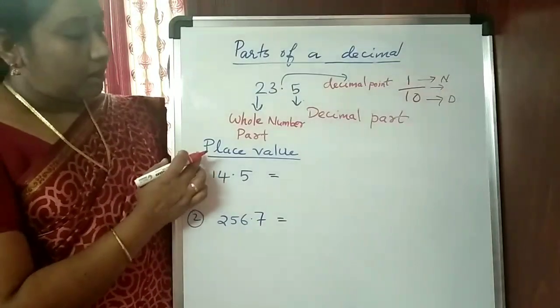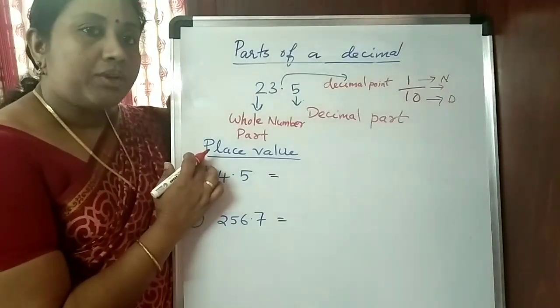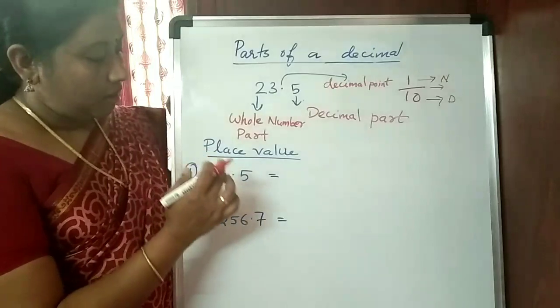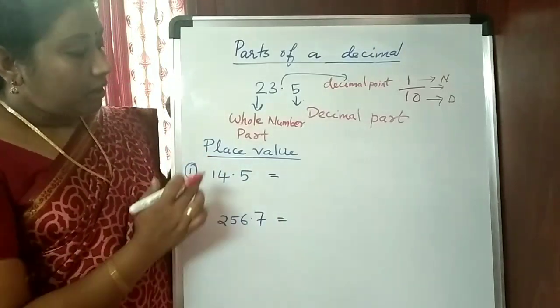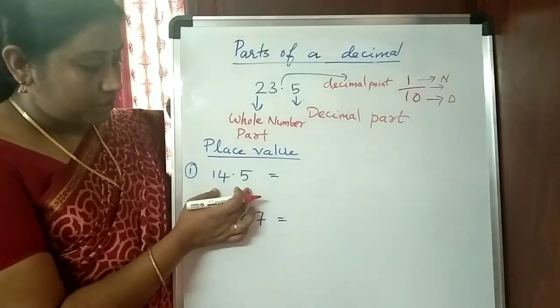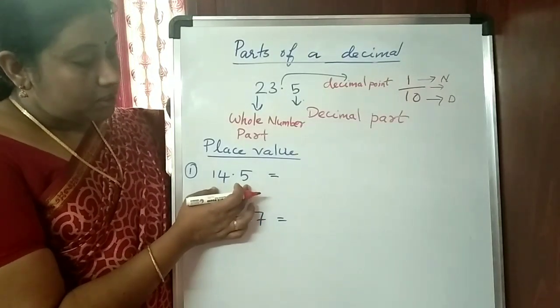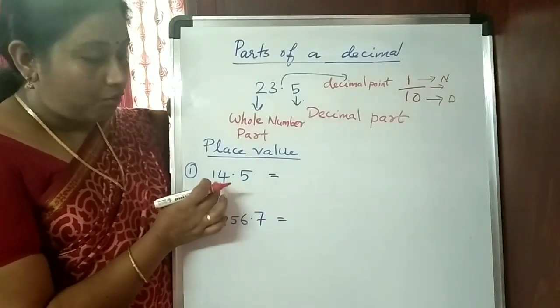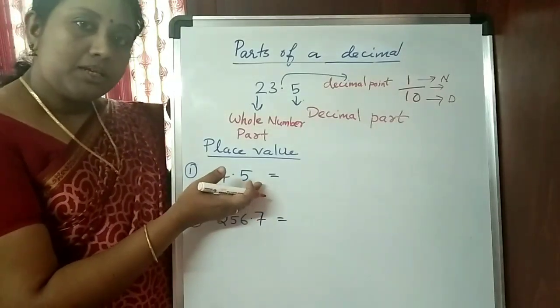Then next thing, what is the place value of a decimal number? Here your question is 14.5. In this question, which are the parts? Whole number part is 14. Then decimal part is 5.